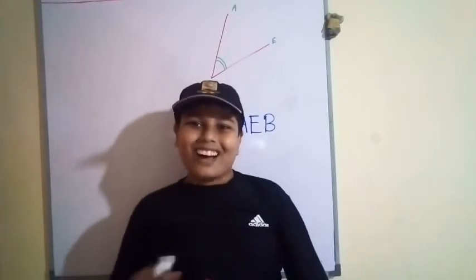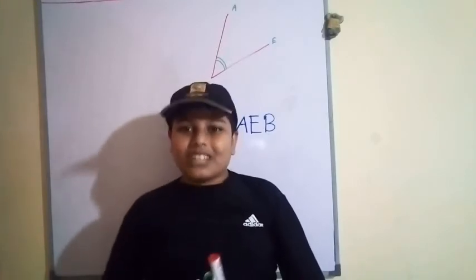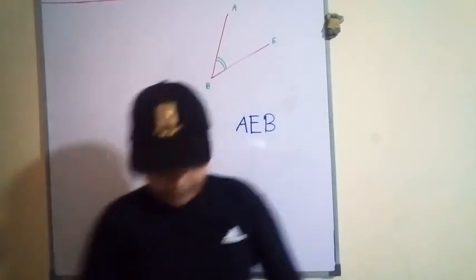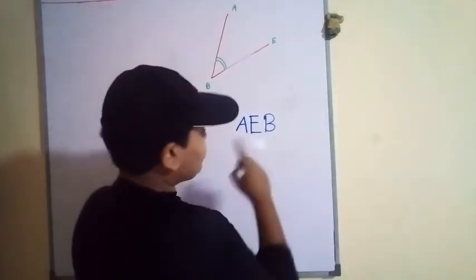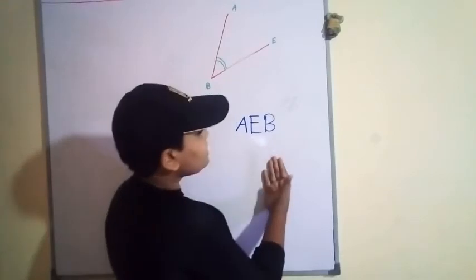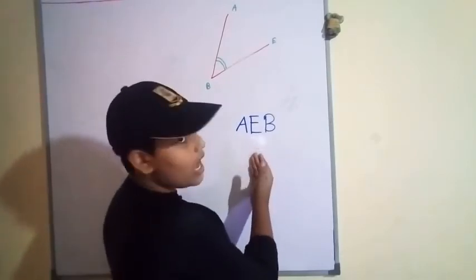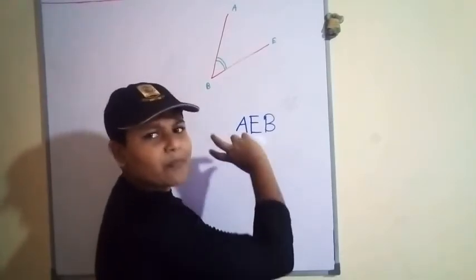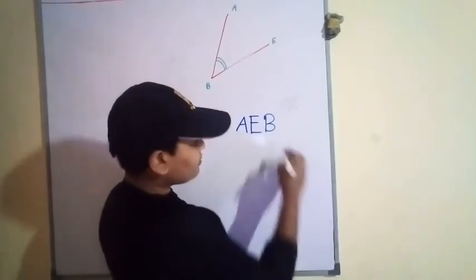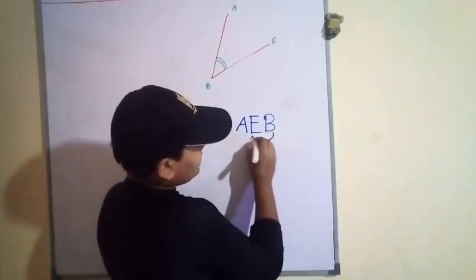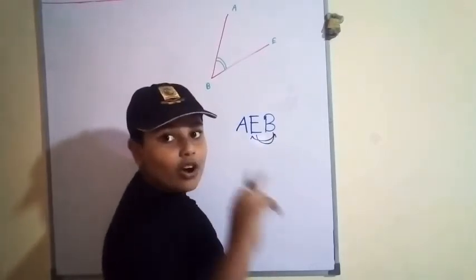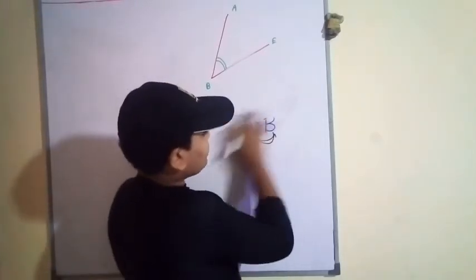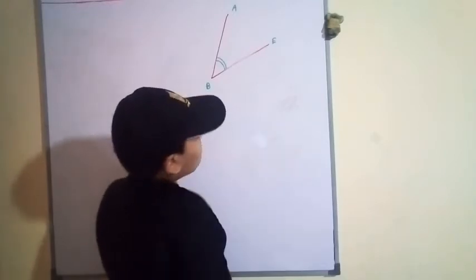Vertex. Right? Now B is the vertex, and A and E are the arms. Is this correct? Now write this A, B, E.